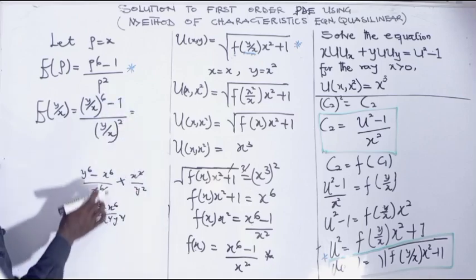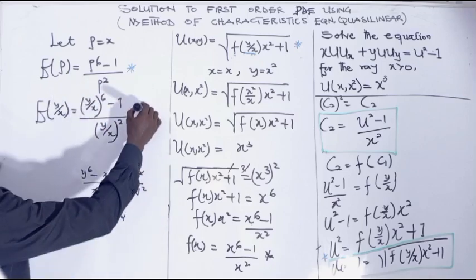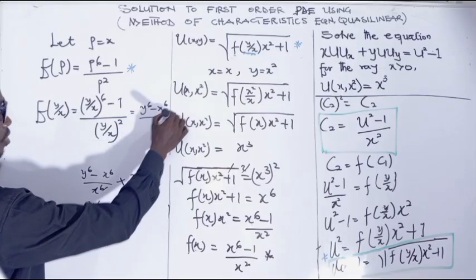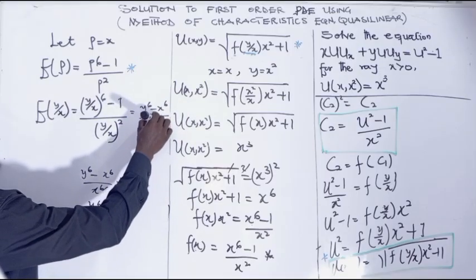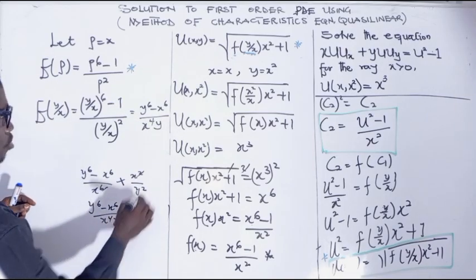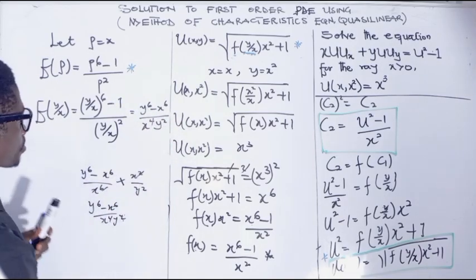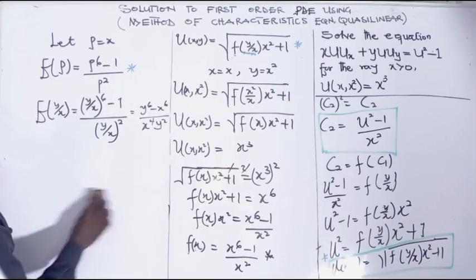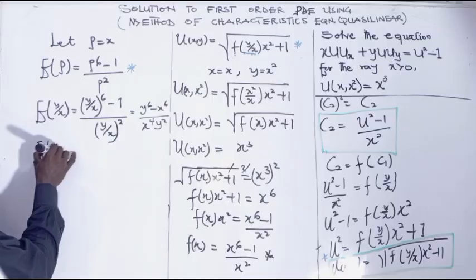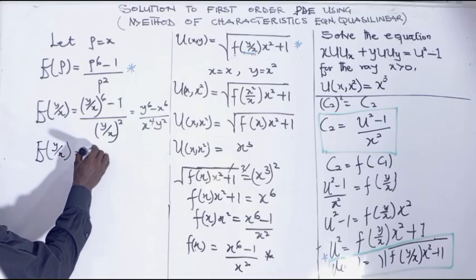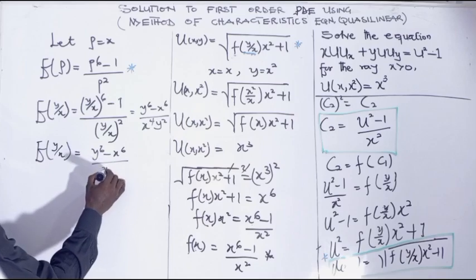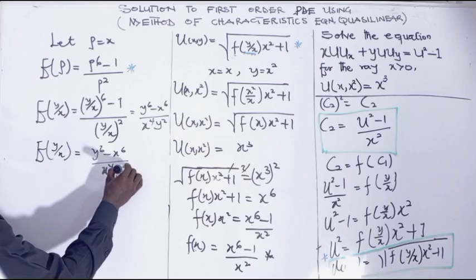So we can write the whole of this as y power 6 minus x power 6 all over x raised to the power 4 multiplying y raised to the power 2. So finally we have f at y over x is equal to y power 6 minus x power 6 all over x raised to the power 4, y raised to the power 2.